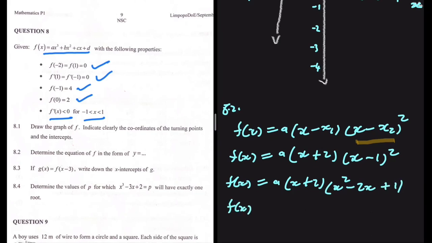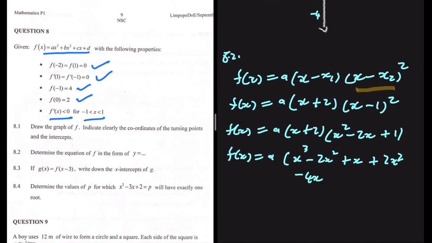So f of x equals a multiplied by x to the power 3 minus 2x squared plus x plus 2x squared minus 4x plus 2.